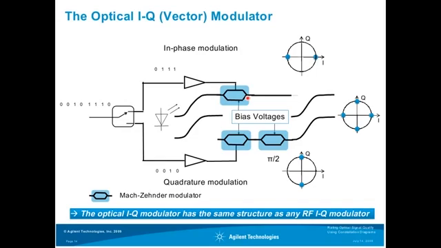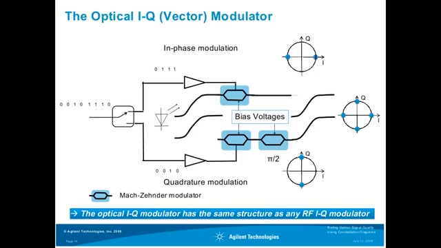And in the optical world, the modulators are typically represented by a Mach-Zehnder interferometer on the in-phase and on the quadrature modulation path. Now we need, in addition, the 90-degree phase shift part, and this is also mostly realized as a Mach-Zehnder interferometer, which is biased accordingly.